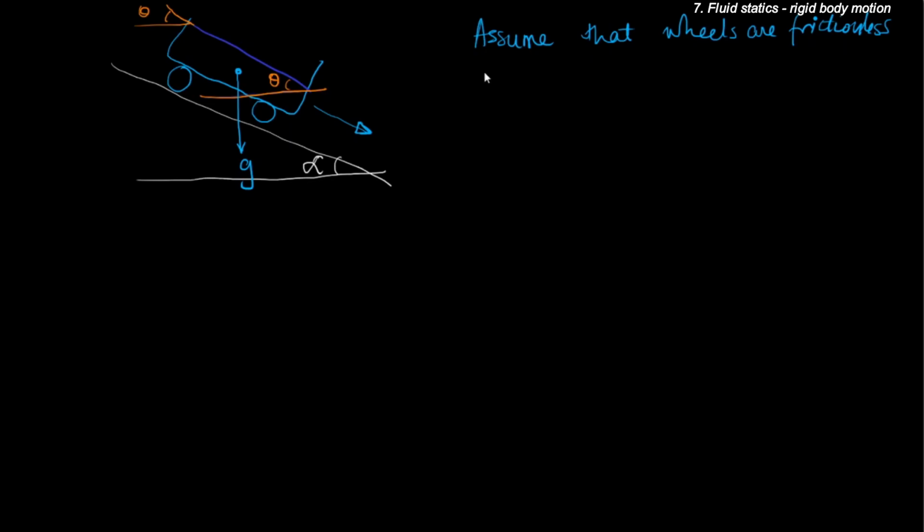If the wheels are frictionless, whatever force acts on the body along the plane will be equal to the mass times acceleration of the object. So we can say F along plane will be equal to mass times the acceleration along the plane. So A plane is equal to force along the plane divided by the mass.